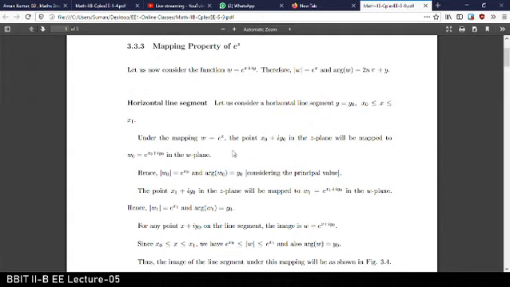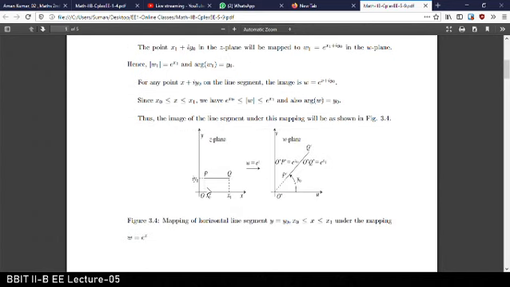So under the mapping w equal to e to the power z, a horizontal line will be mapped to another line rotated to an angle y0. What is y0? y0 is the y coordinate of every point on that horizontal line.